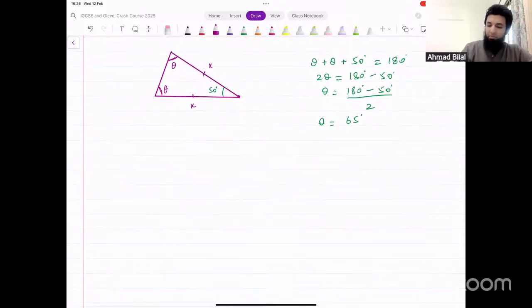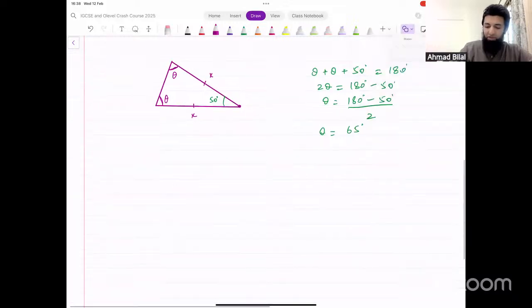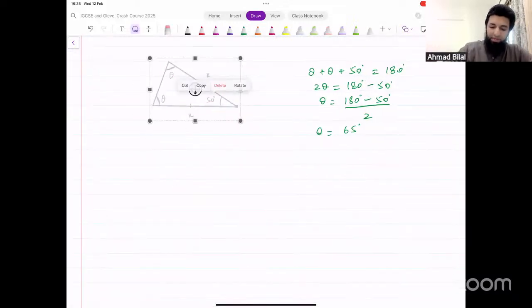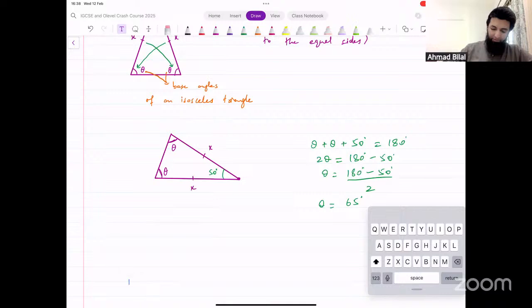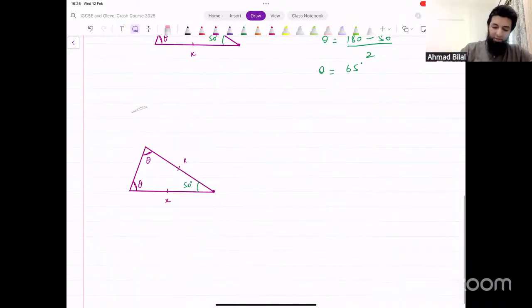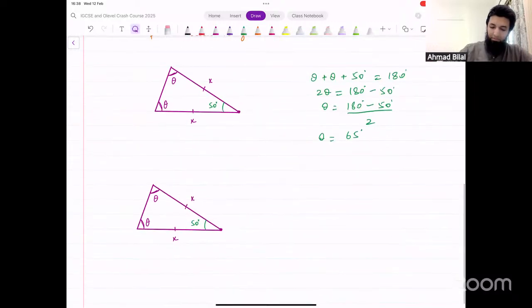In this case, you can also have a situation like this. If I were to just copy this same triangle, and now let's suppose I had something like this given, that these two sides are again equal.